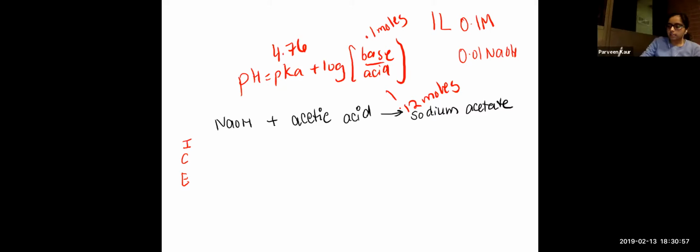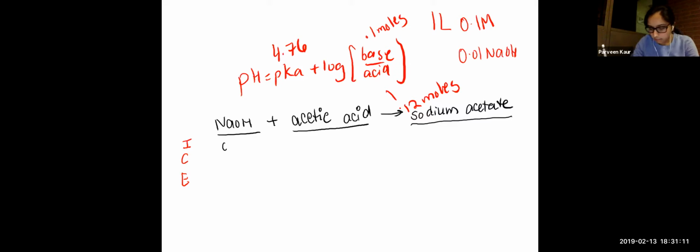So we're reacting NaOH with acetic acid to make more base, which is sodium acetate. There's 0.01 moles of NaOH, acetic acid is 0.12 moles, and sodium acetate is 0.1 moles.